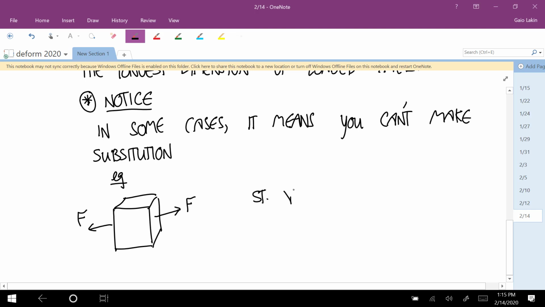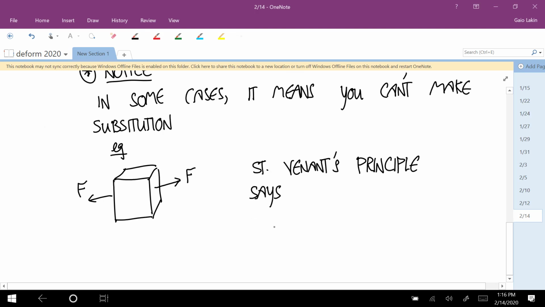So in this case, Saint-Venant's principle says the results would be bad everywhere.